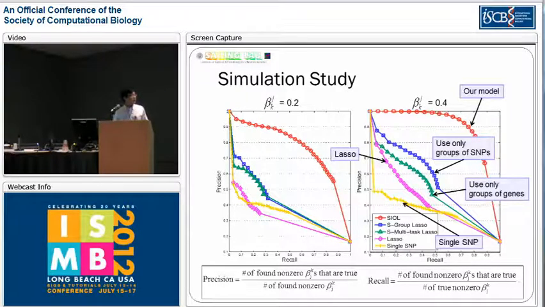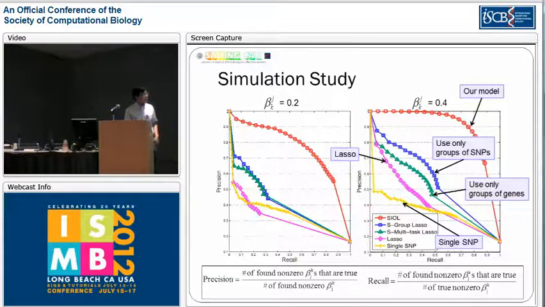And this curve is for single SNP performed by Plink. If you look at the results, you can see that for both association strengths, our model significantly outperformed other models, which means that given grouping information on SNPs and genes, we can improve the performance significantly.